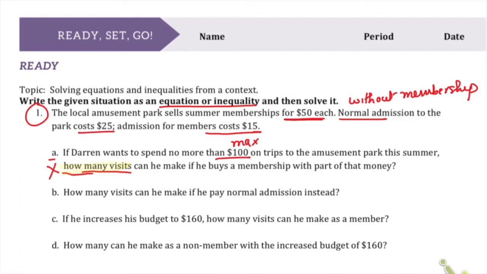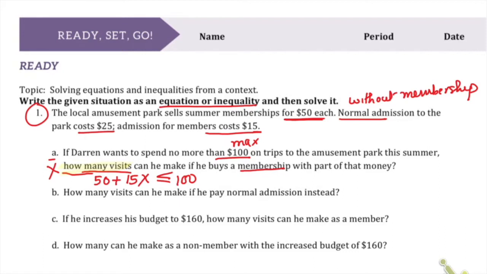If he's taking the membership, the membership is 50, and then every time he has to pay $15. So if I say 15x, that's the total cost, and it is supposed to be within the budget. That's less than or equal to 100, and I have to solve it. So 50 plus 15x is less than or equal to 100.